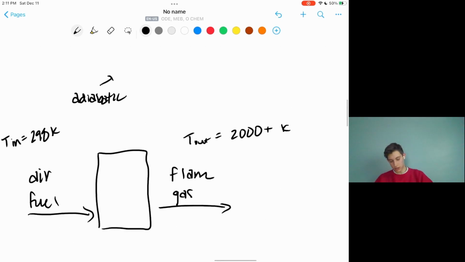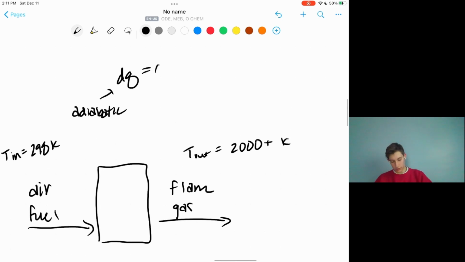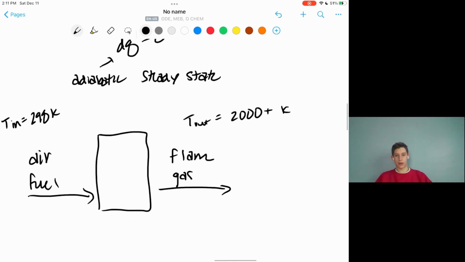Essentially, the change in heat ends up just being zero. We're also at a steady state, which means there's no overall change in mass between the mass going in of the feed and the mass of the products going out.